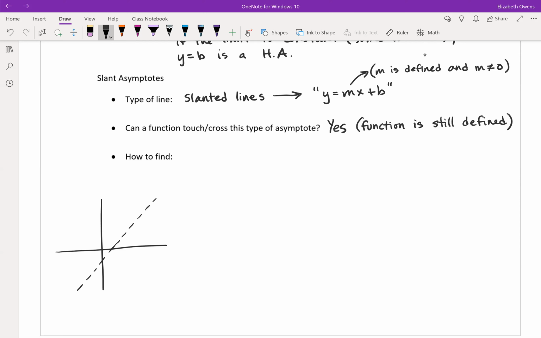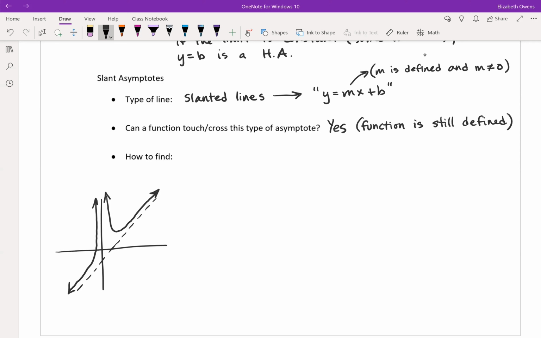So your function might do something like this. Okay. And then maybe over here it does something like this. That could be on the other side of the asymptote.